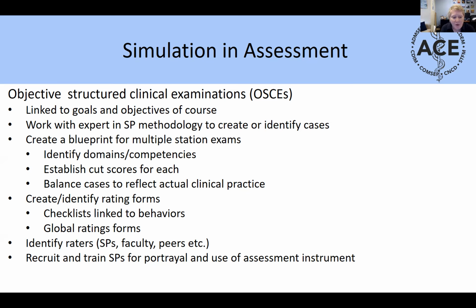This requires a lot of recruitment and training of the SPs to portray the various cases, and orienting and training them to the assessment instrument. So it's a very labor-intensive process, but I think if you do it well, it's a very valuable process for our learners.